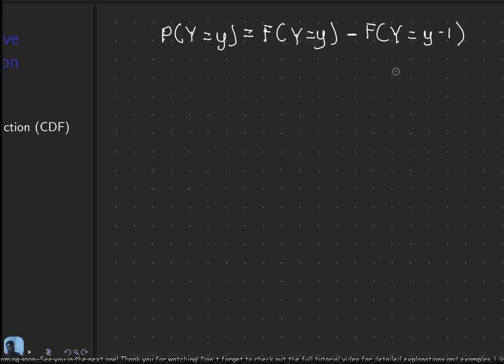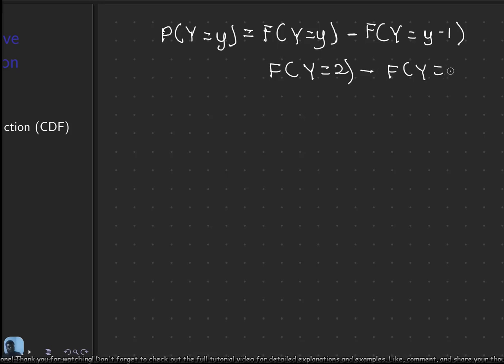What this notation simply means is, if you want any probability mass function and you are given the probability distribution function, then if you have F of y equals 2, subtract F of y equals 1 from it. That is how it is.